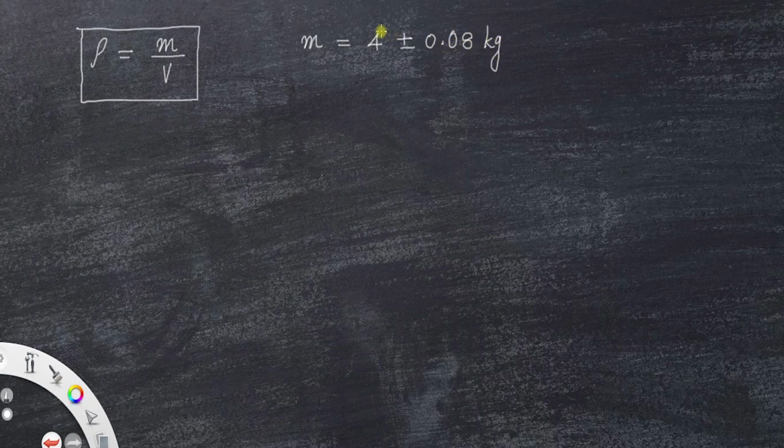We have the density of a body. Density is always mass divided by volume. Now if I say the mass of a body is equal to, let's say, 4 plus or minus 0.08 kilogram, and the volume of this body is, let's say, 2 plus or minus 0.04 meter cube. Now we want to find the value of density with the error limits.